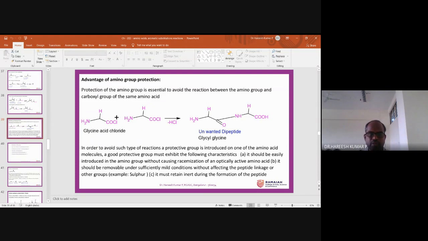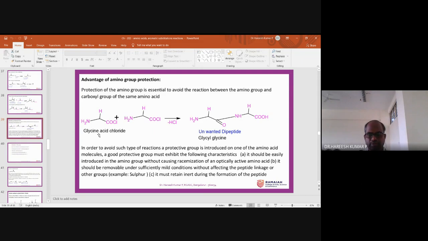So this is about protecting groups and their advantage in the protection of the amino group. With this, I will go to the protecting group, more particularly N protection, otherwise amino protection.